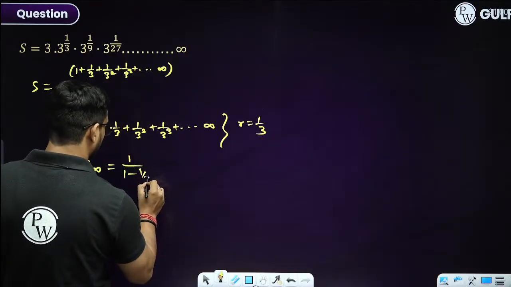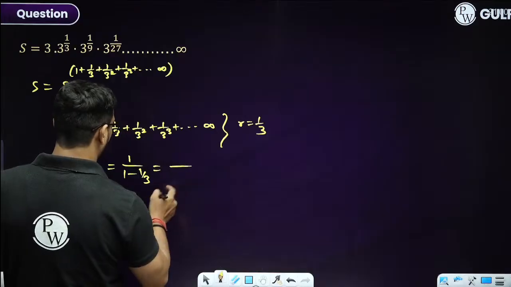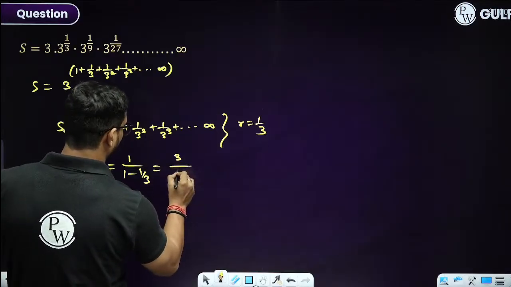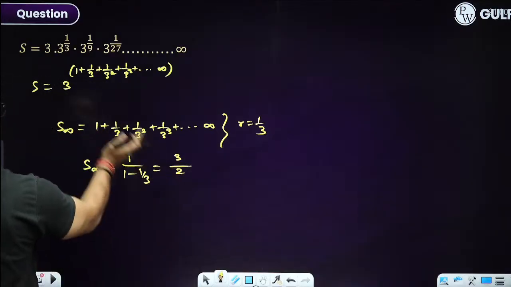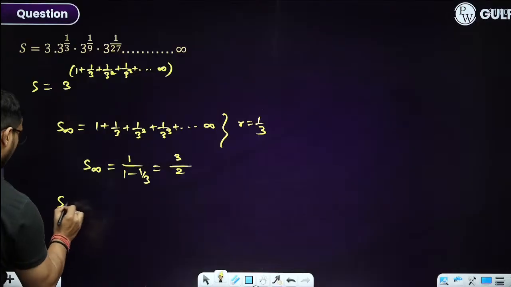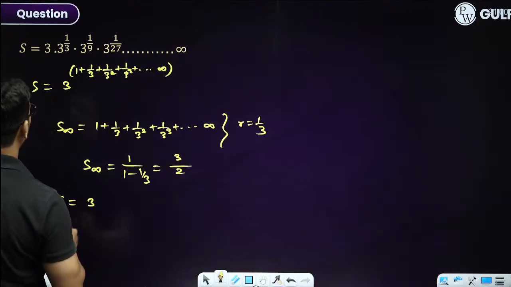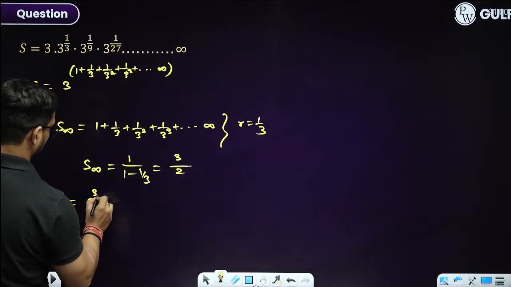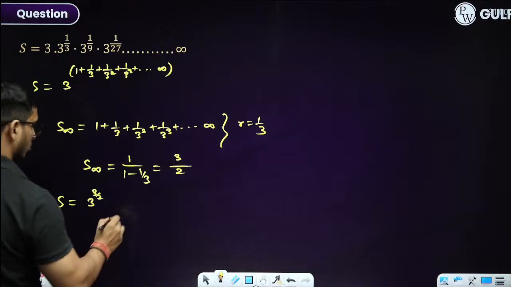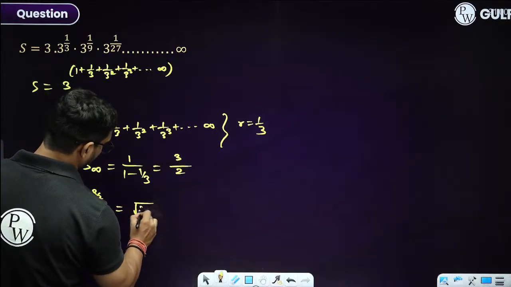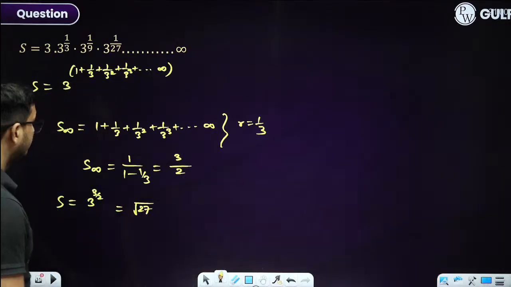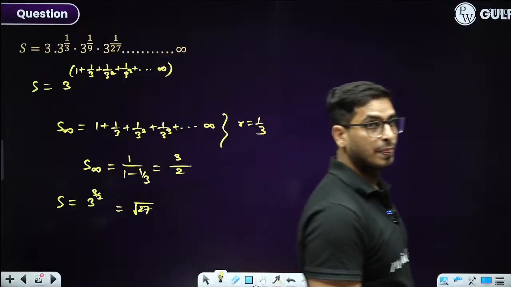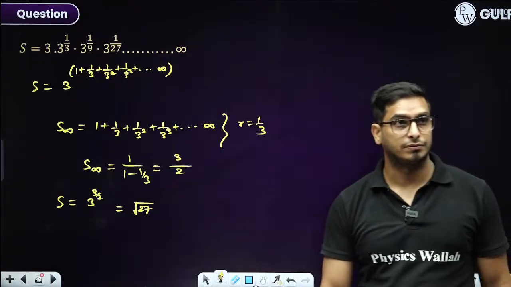So what do we have? We have 3 by 2. Take this side, so we have S equals 3 to the power 3 by 2. Or should I write square root of 27? Can we do that?